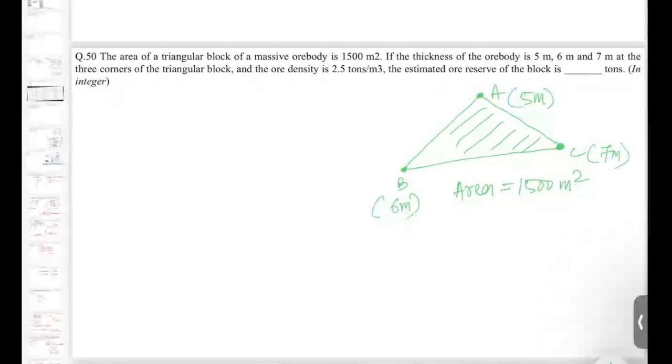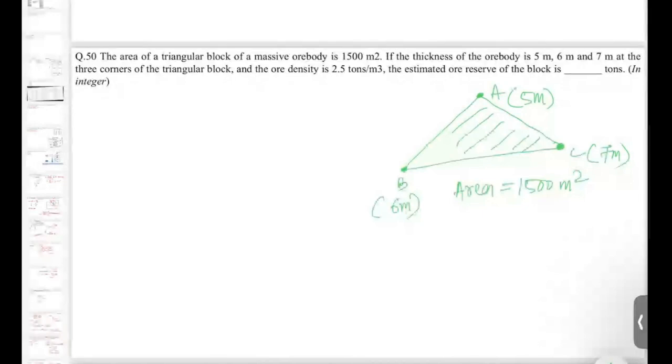So the first thing you need to do is find the average thickness, because you cannot just take each thickness separately and try to find these volumes. That will be a little longer, and it is not required.